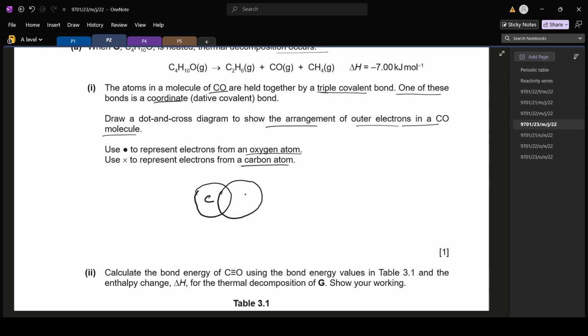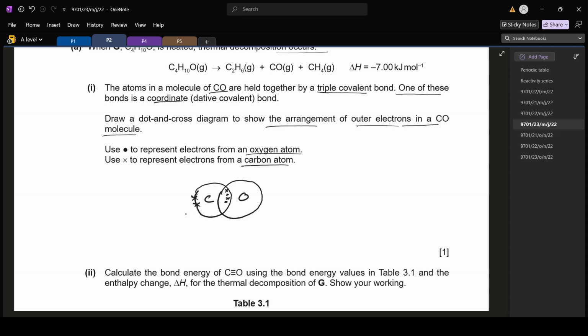This is carbon, this is oxygen, and we have to represent carbon with X. This is X, this is cross. Carbon shares two of its outer shell electrons in the covalent bond, and two of its electrons are unpaired.